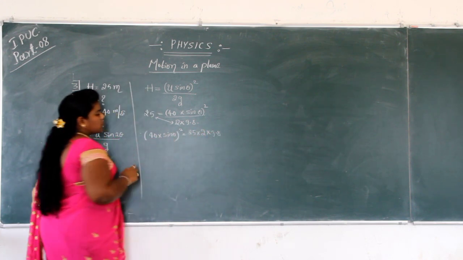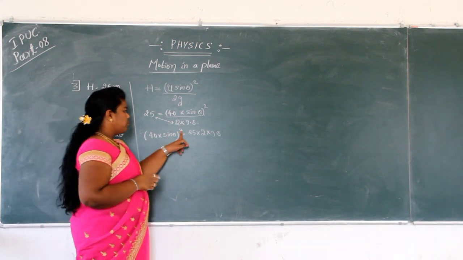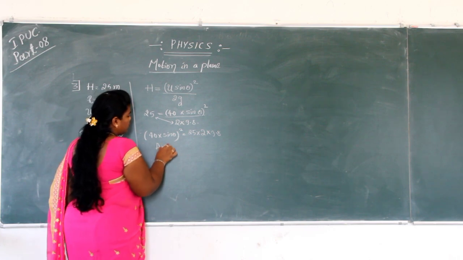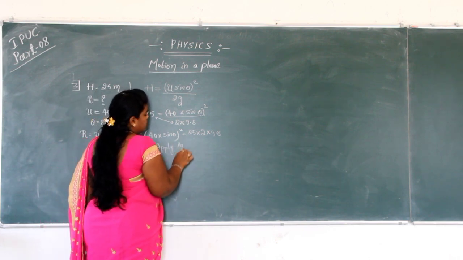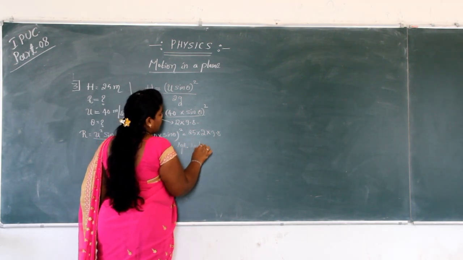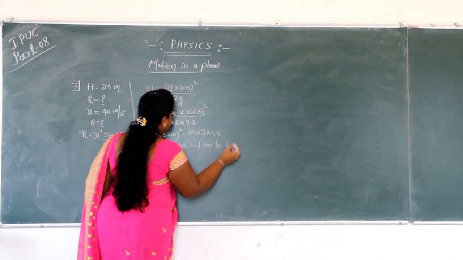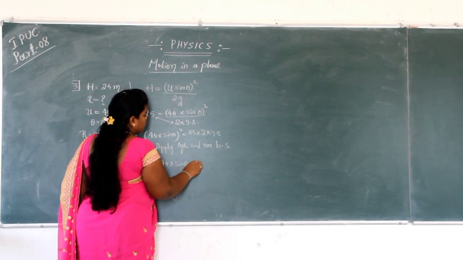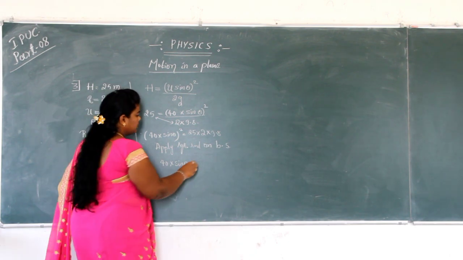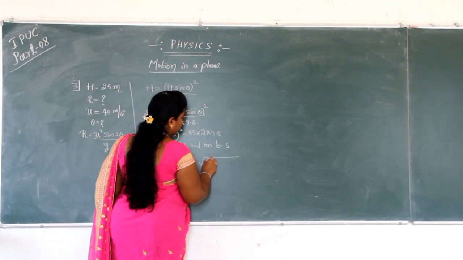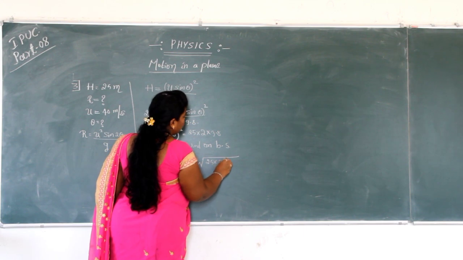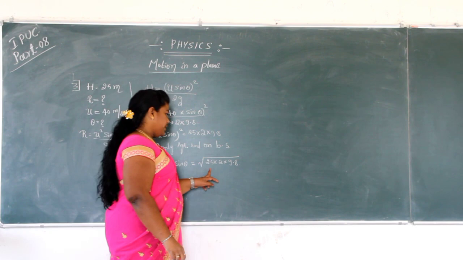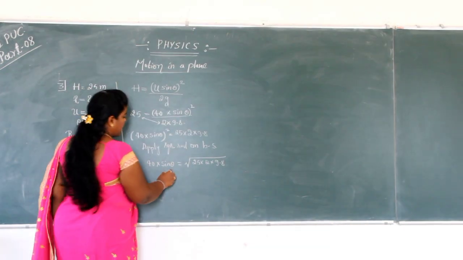Applying square root on both sides, the square and square root cancel, and 40 into sin theta is left. On the other side we have the square root of 25 into 2 into 9.8. First multiply 25 into 2. So we have the sin theta.